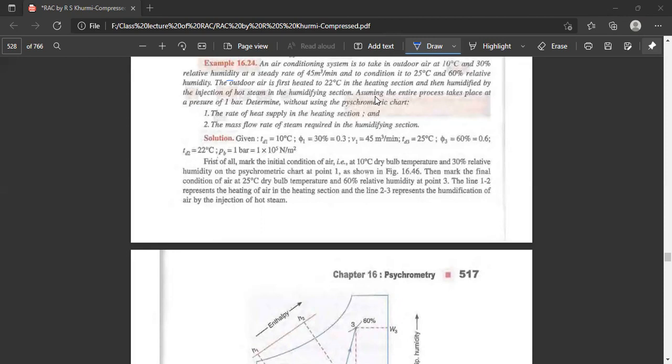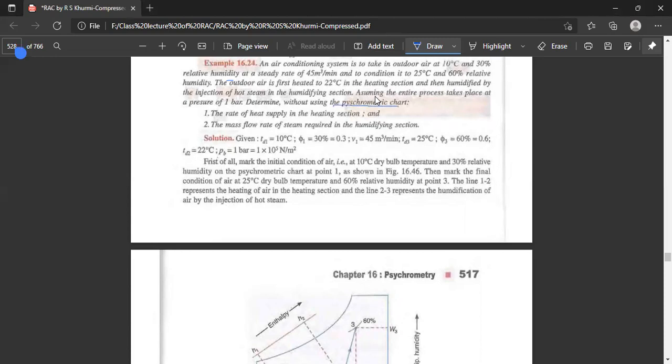Assuming this entire process takes place at a pressure of 1 bar, determine, without using the psychrometric chart, the rate of heat supply in the heating section and the mass flow rate of steam required in the humidifying section.